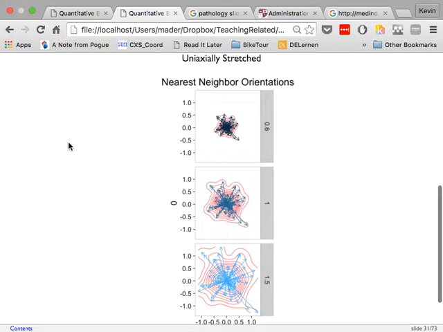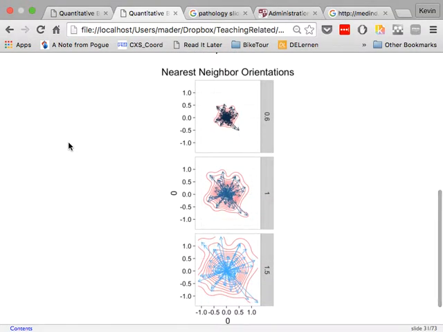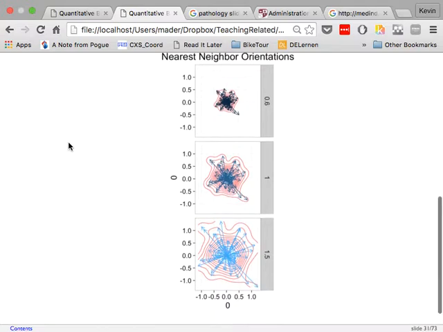And so what we see is that for the nearest neighbor orientation, we have our nearest neighbor vectors. If we show all the nearest neighbor vectors from before, the orientations are more or less the same. That's not changed, which we wouldn't really expect because we're scaling it the same in every direction, isotropically.